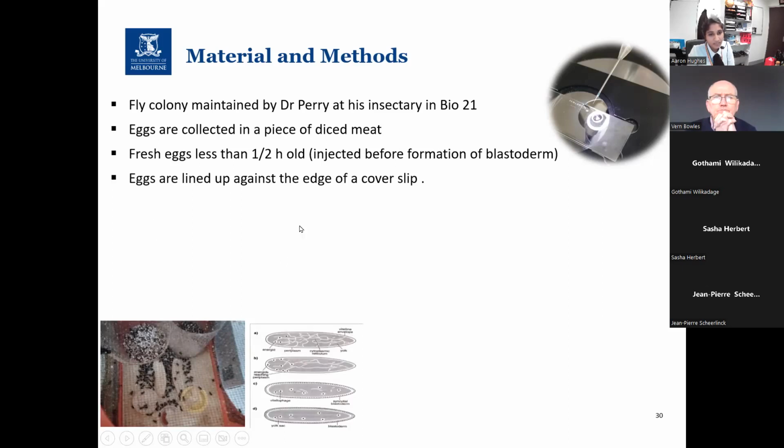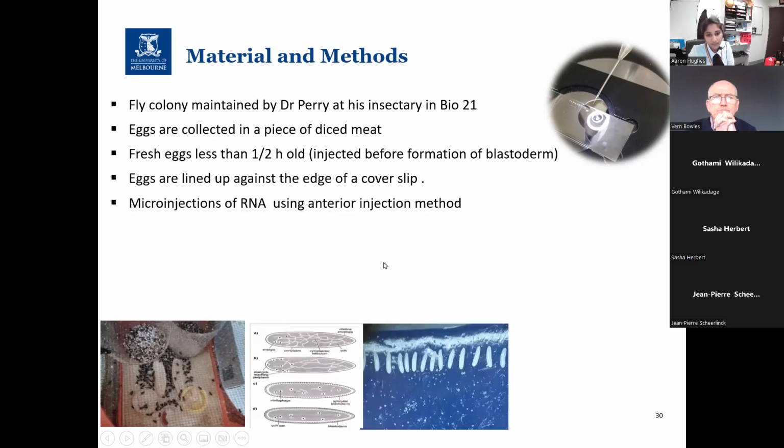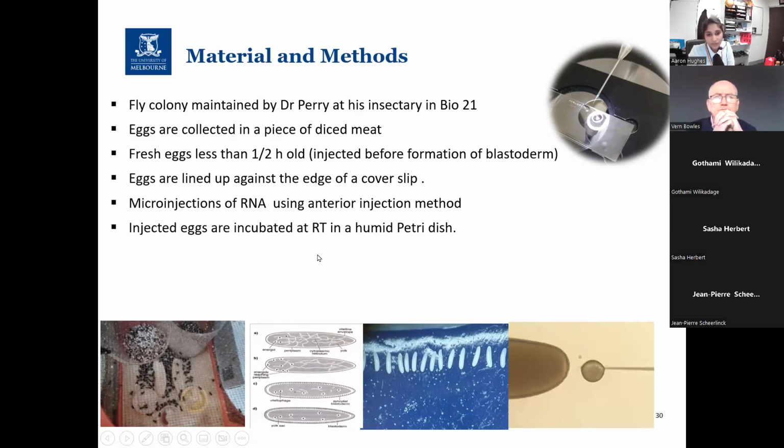These eggs are first lined up on the edge of a cover slip, and then microinjection of the RNA is done using anterior injection methods. Then these injected eggs are incubated at room temperature in a humid petri dish. Then we can monitor the larvae for survival and the presence of the desired phenotype.